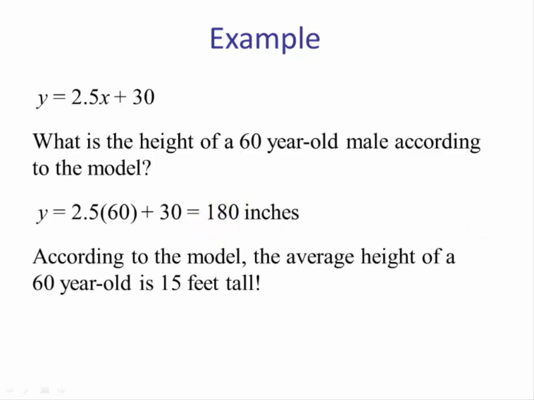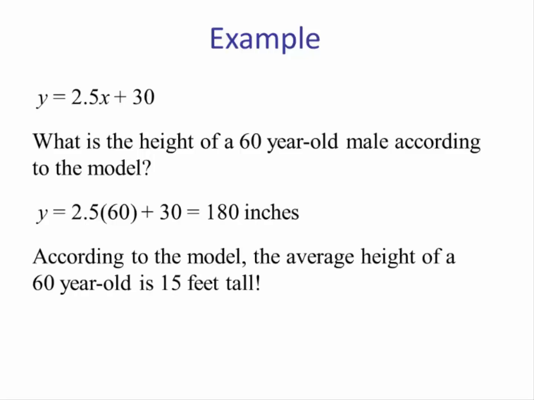Now what that means, according to the model, is that the average height of a 60-year-old male is 15 feet tall. Of course this is nonsense, but this illustrates that when we extrapolate, we can end up with values that are nonsense. When we extrapolate, we are assuming that the pattern will stay the same, and it may not.